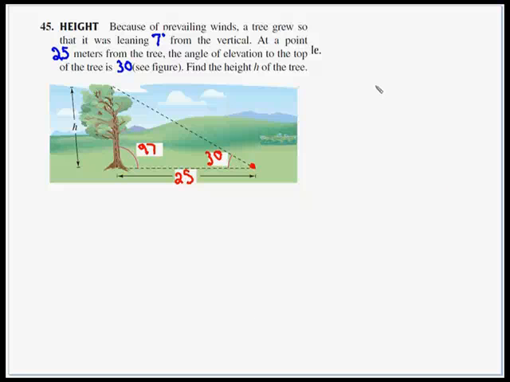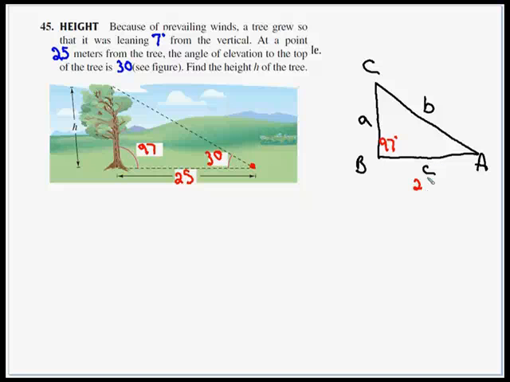I'm used to the ABCs, and they have this as an H. I'm just going to rename my triangle. You can name any vertex you want, A, B, and C. It doesn't matter. I'm just going to go counterclockwise or clockwise here. As long as you put side A across from angle A, side B across from angle B, side C across from angle C, you're fine. And we just found here angle B is 97 degrees.